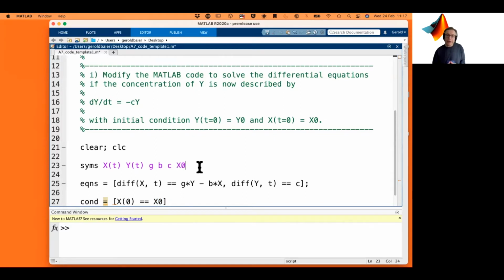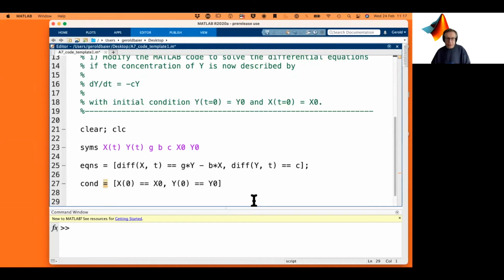I need to create a symbolic variable x naught, and then I can set it to this, just as a symbolic variable, which later can take a number. And then we have the second thing, which is similar in structure, y at time 0 equal y naught. And if we call it y naught, then we have to specify up here y naught as a symbolic variable as well.